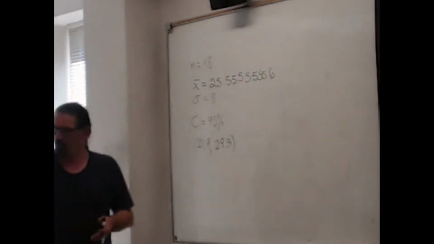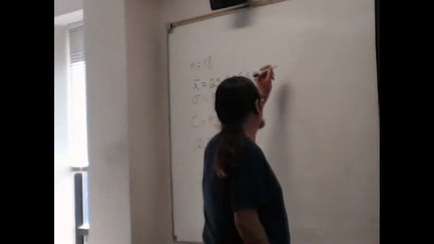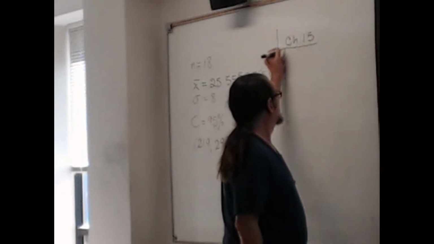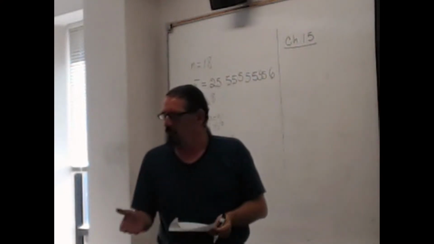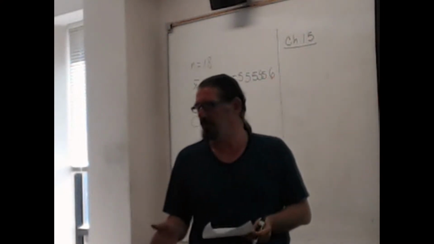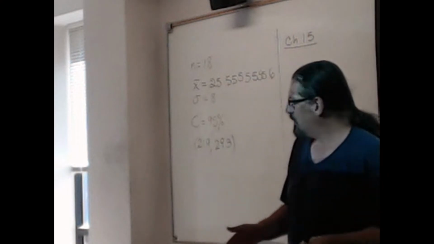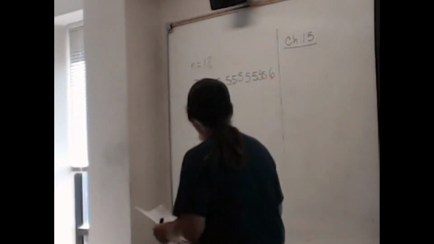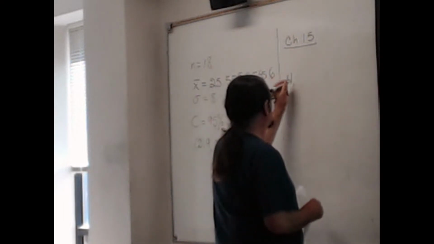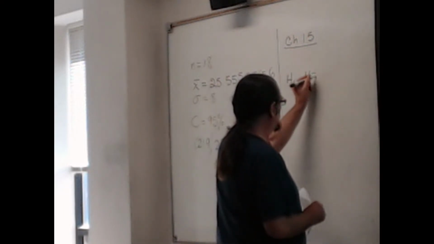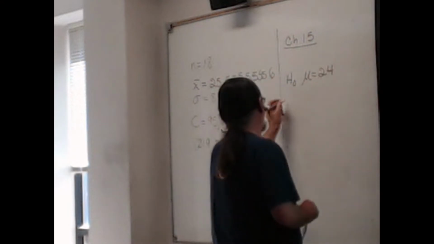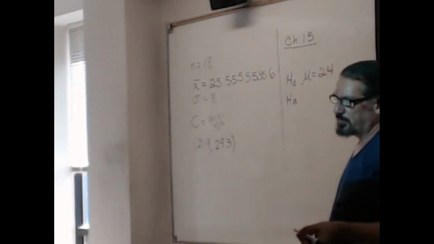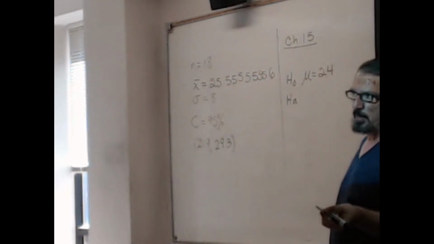So then when we turned it over to the material in chapter 15, we were testing whether the mean in the population was 24 against an alternate hypothesis that it was not 24.